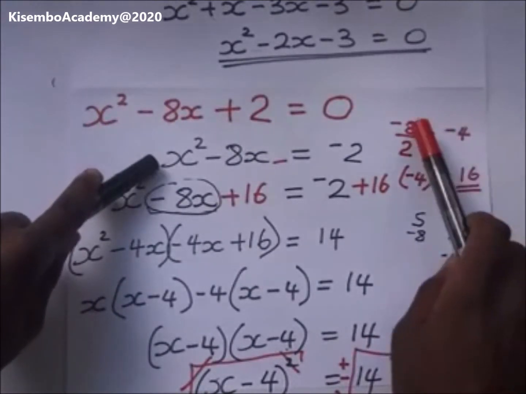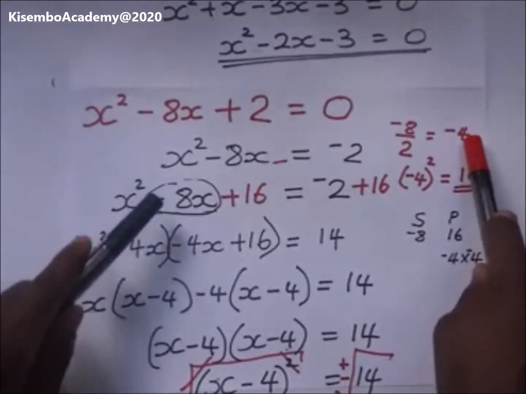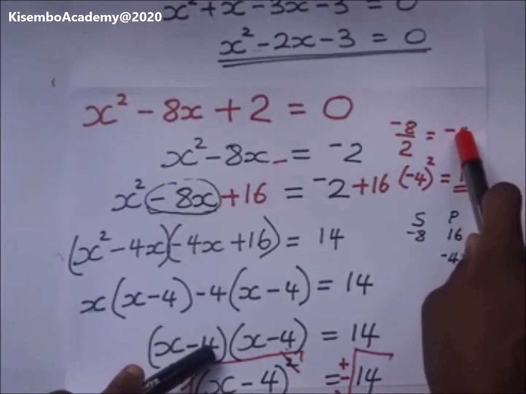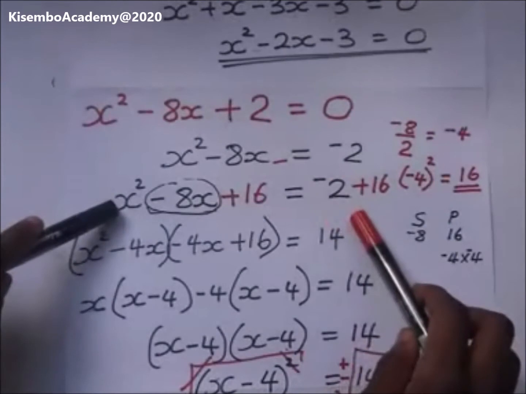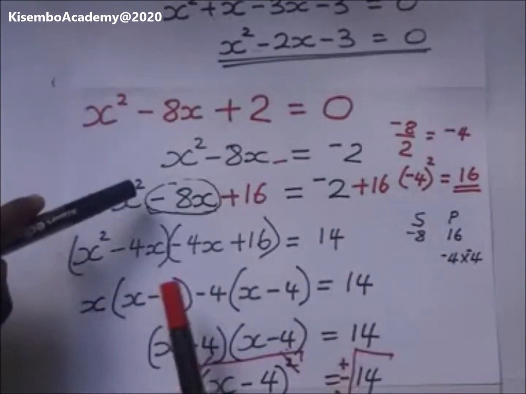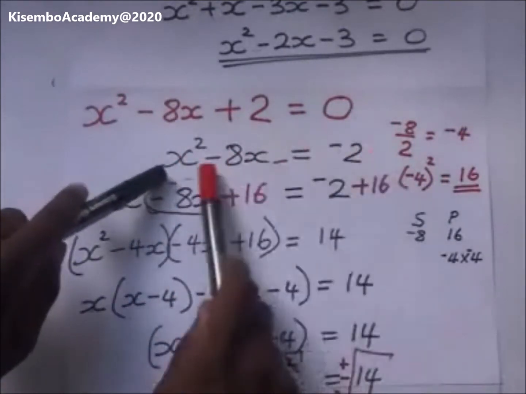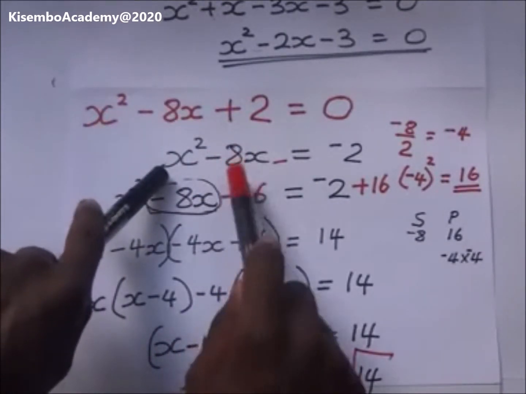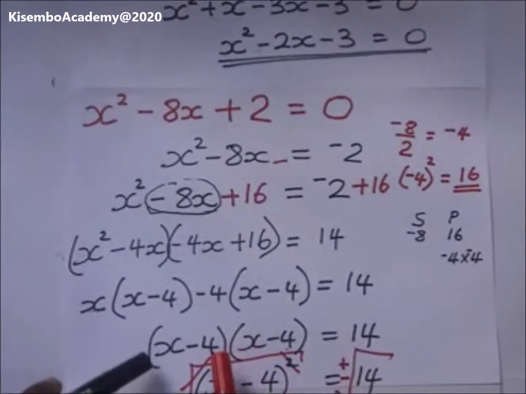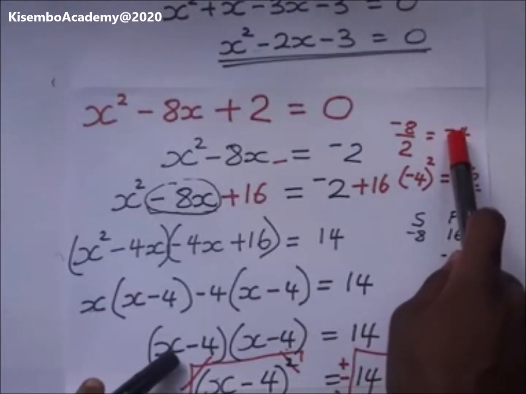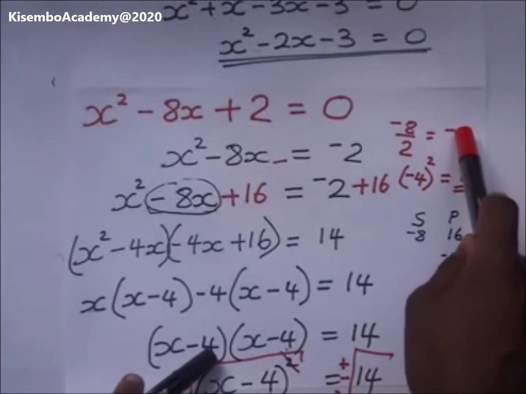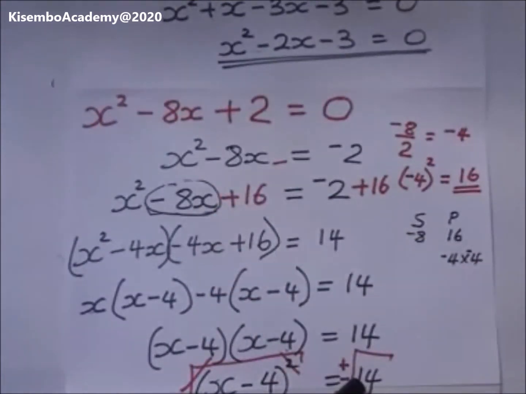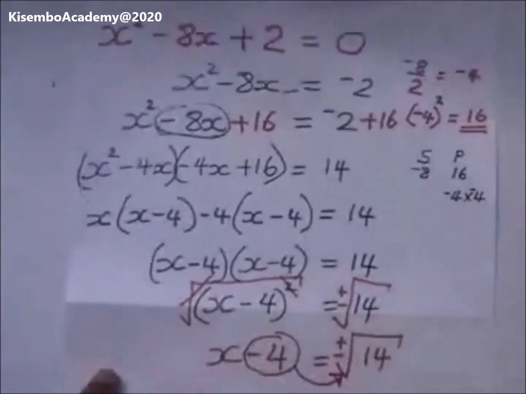So this number we get after we have divided, you can simply say it is going to be x minus 4 squared. So we can avoid this step by simply saying that after this step, negative 8 divided by 2 gives negative 4. So we come here and say x minus 4 squared is equal to 14, and we avoid these steps.